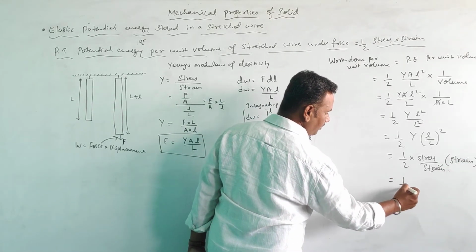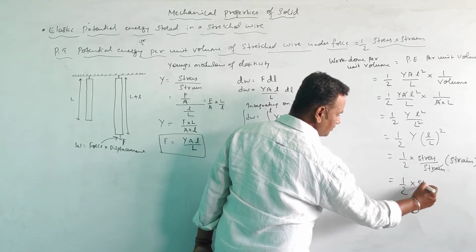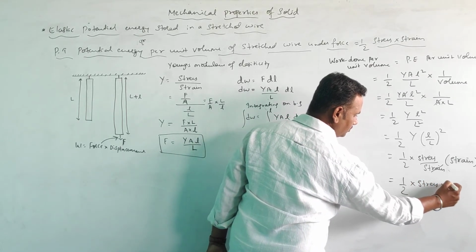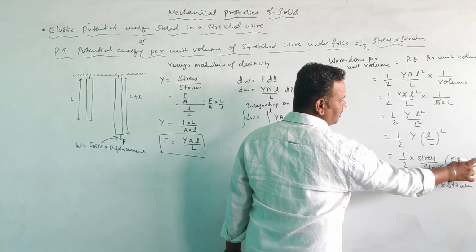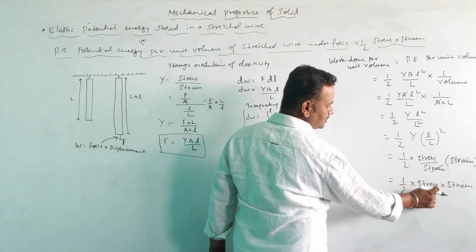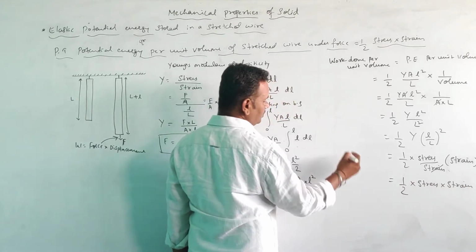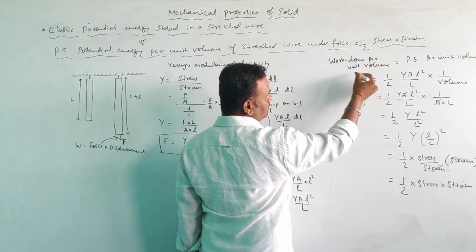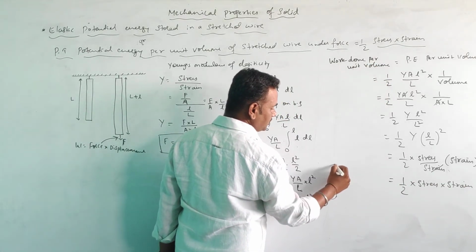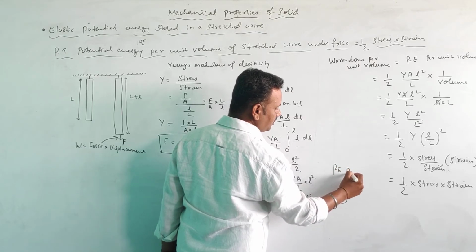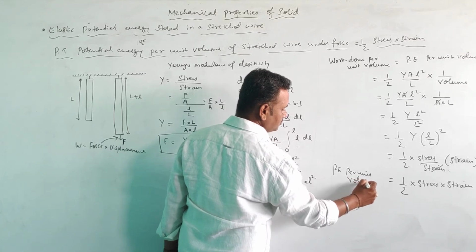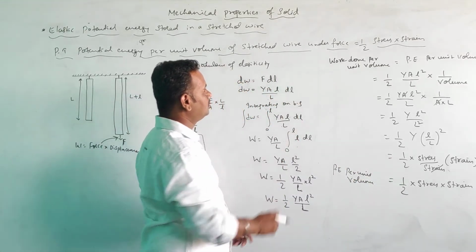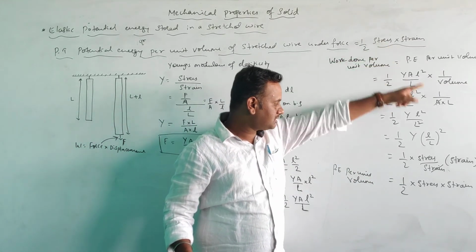So therefore half stress into strain, one strain remains here. So half stress into strain is the work done per unit volume. That means the potential energy per unit volume is equal to half stress into strain.